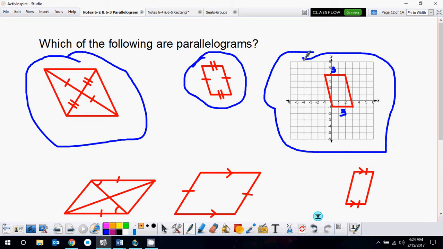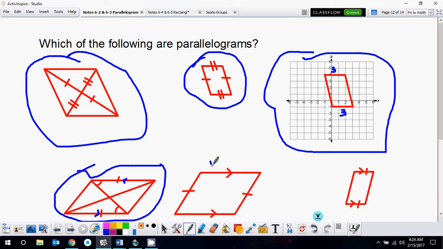If you were to find the slope, they're horizontal lines, so they would have a slope of 0. So you've got one pair of sides that are both congruent and parallel. For the next one, because the alternate interior angles are congruent, that means that we have parallel sides. So again, I've got one pair of sides that are both congruent and parallel.